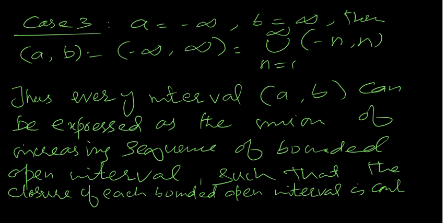So whenever this function is discontinuous at x naught, we have this jump interval, and it's always contained in the closed interval f of a, f of b, as f is monotonic increasing.